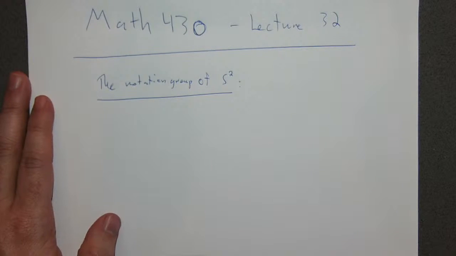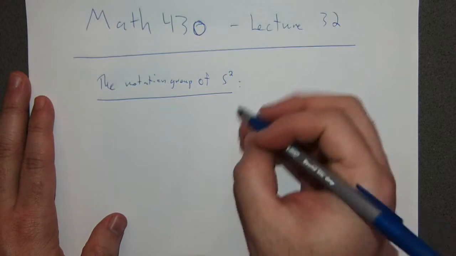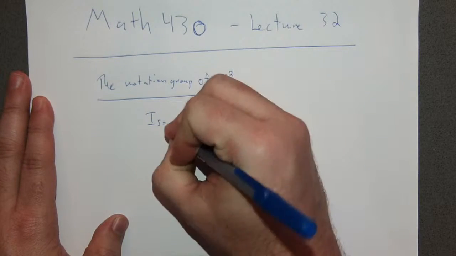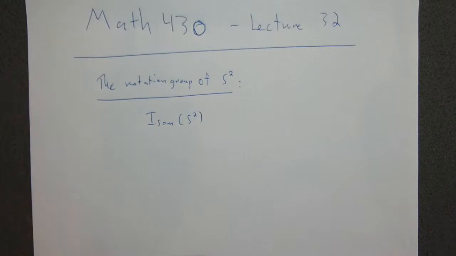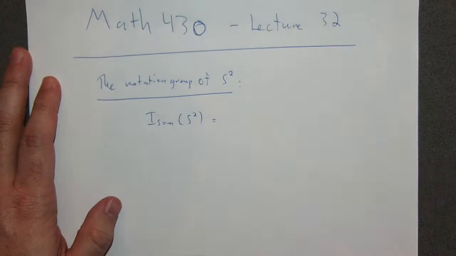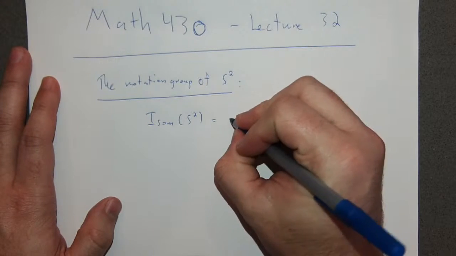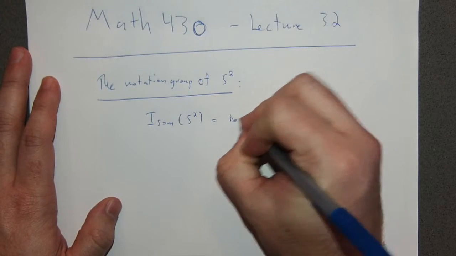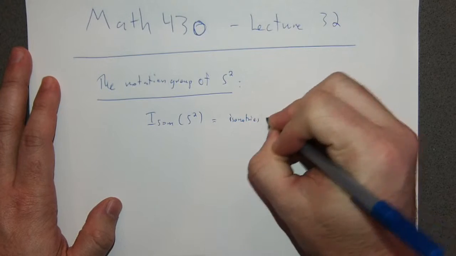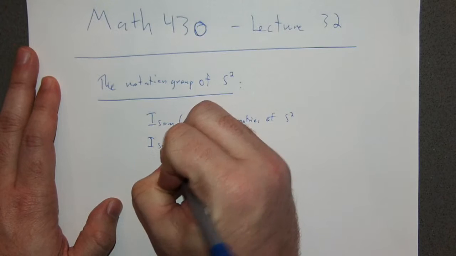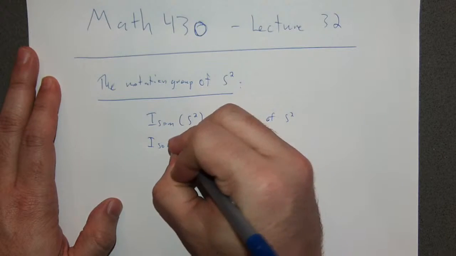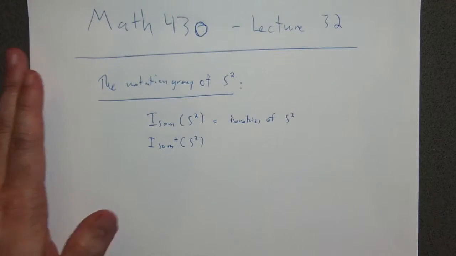This arises as a subgroup of the group of isometries of S2. So isom of S2 is the group of isometries of S2. Then what is isom plus of S2?